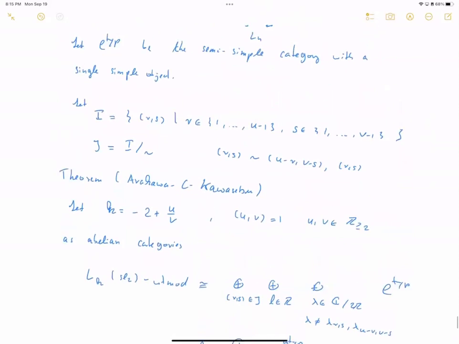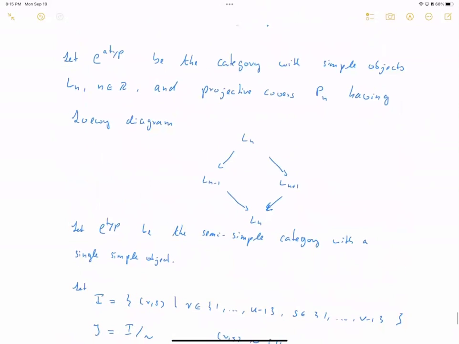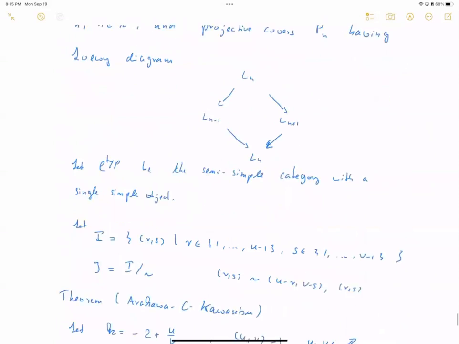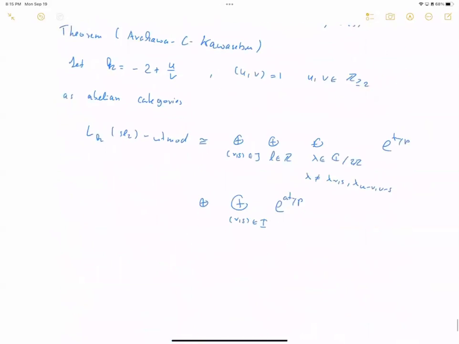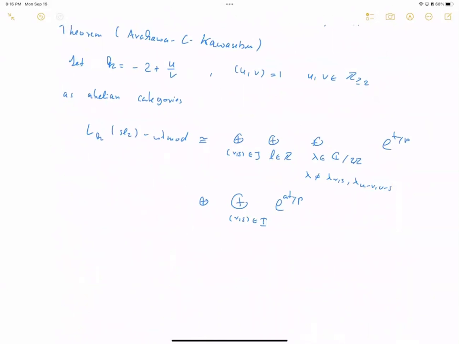These interesting blocks are of this type, each block having an infinite number of simple modules, and each simple module allowing for an extension of this small diamond type. So this is kind of nice. It gives a complete classification, right? It's the understanding of SL2 at admissible level as an abelian category.